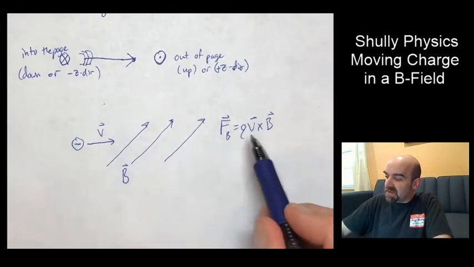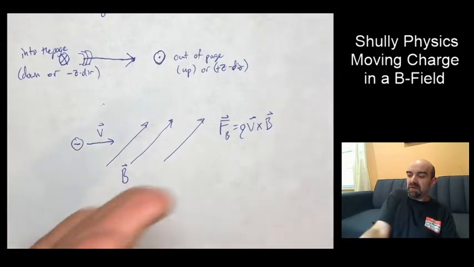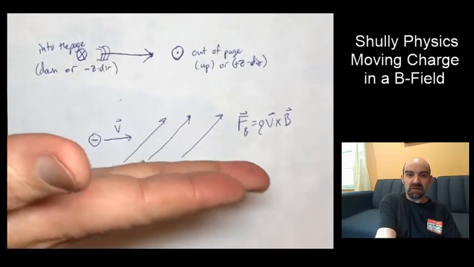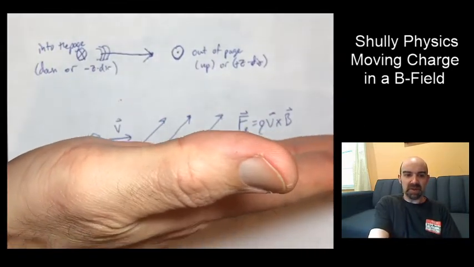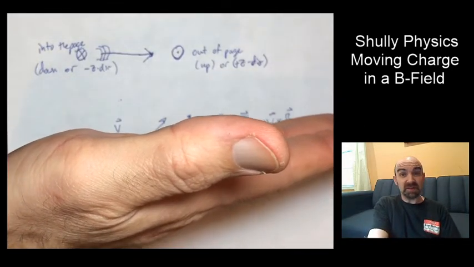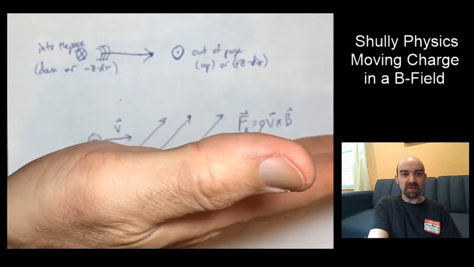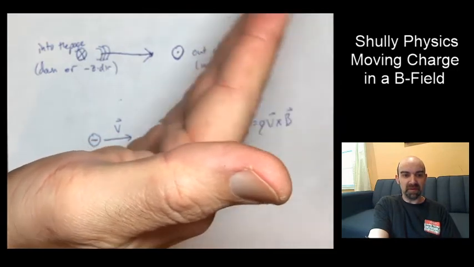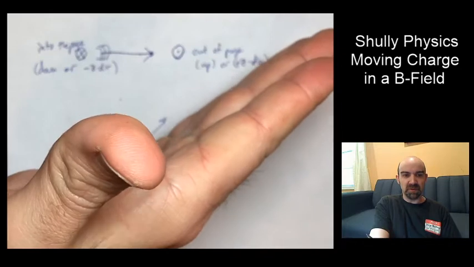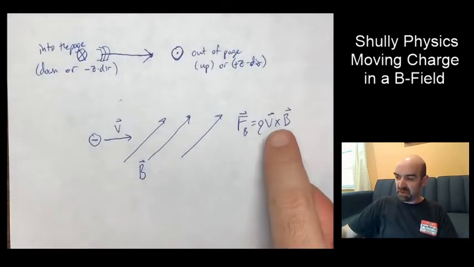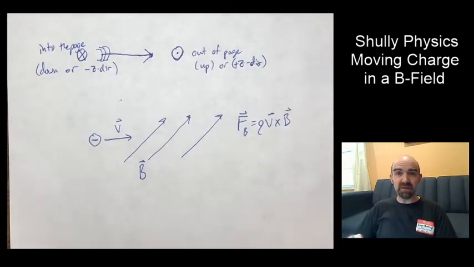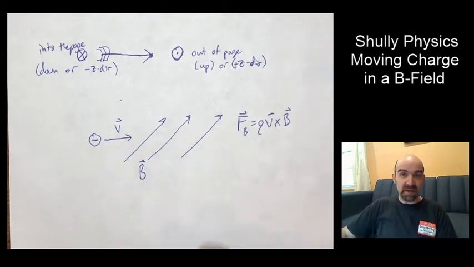So if we first take V cross B, again we're going to take V and face our palm in the direction that the arrows are going. Now, the arrows don't have to be exactly perpendicular, they just have to be facing up. You see that? The result of V cross B is going to be a direction perpendicular to the plane of velocity and the magnetic field.